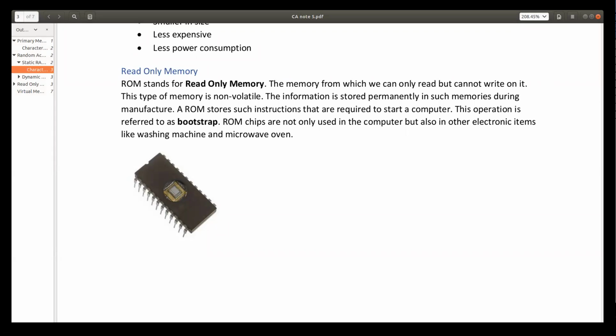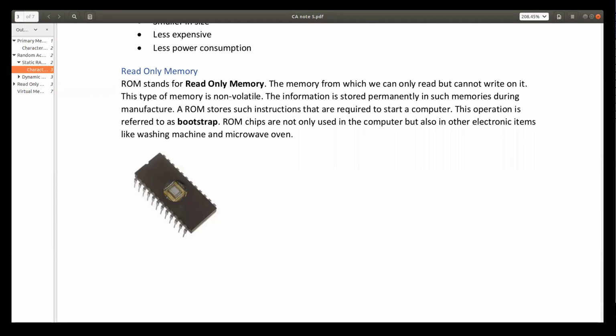It means your computer can access data from the RAM. It can read there, and it can write there also. But in case of ROM, your computer system can only read. It cannot write.